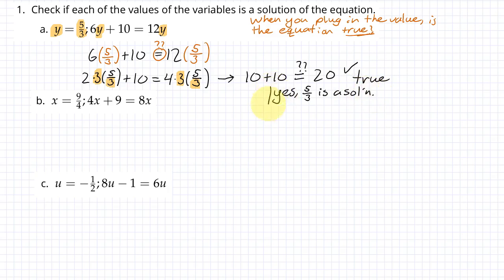That it means that whenever you plug that in, it makes both sides equal. It makes the statement that the two things are equal true. So that's an important thing to know how to do. It's one of the things I call one of the fundamental skills in the syllabus, so it'll come up a lot. Let's practice it again here with this 9/4 for x.